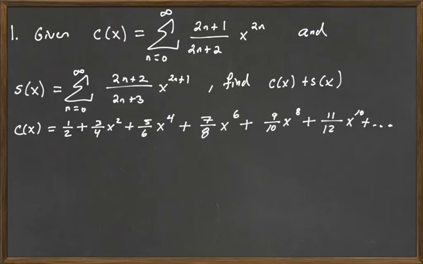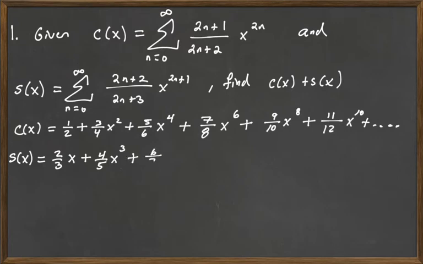Let's go ahead and look at what the first 5 or 6 terms of s of x looks like. So when n is equal to 0, we're going to have 2/3 and then x to the first power. So 2/3 x, n is equal to 1. We're going to have 4 over 5 x to the 3rd power. Okay.